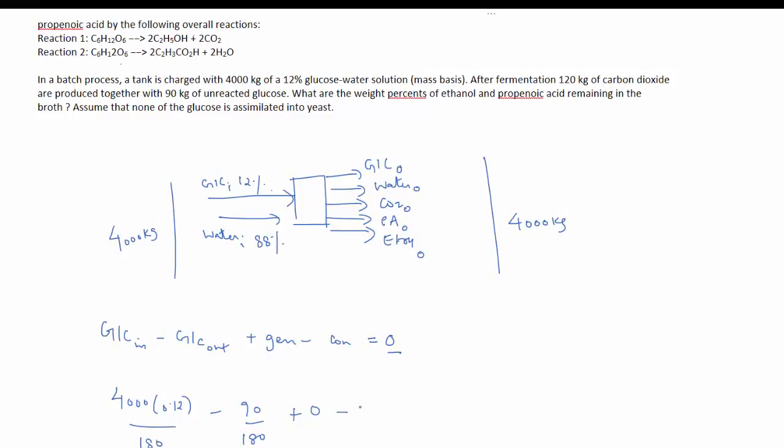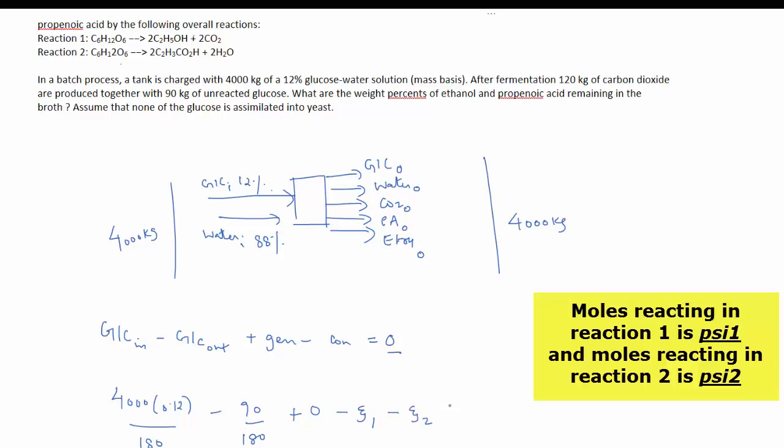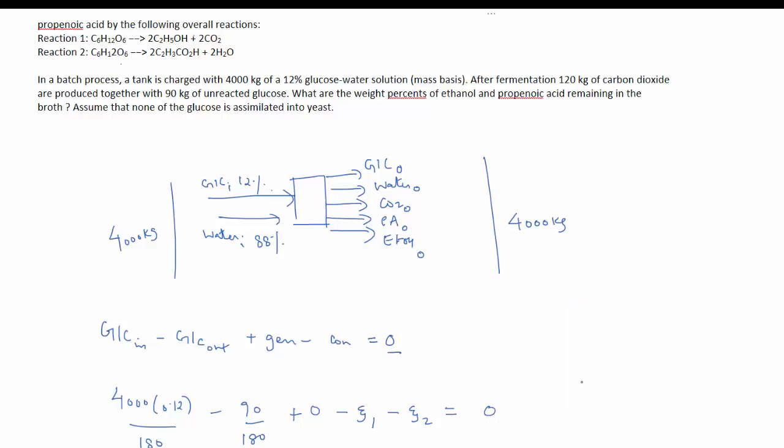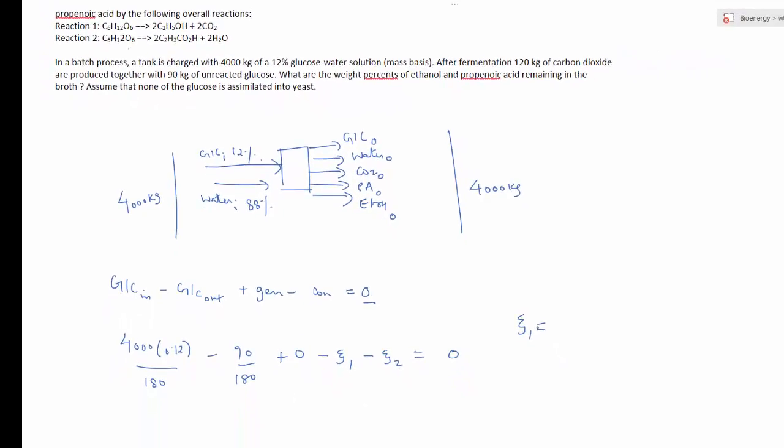So let's call that ξ1 moles got reacted through the first reaction and ξ2 got reacted through the second reaction. So when you add them up, it has to be equal to 0. So if you do the calculation, you'll see that ξ1 plus ξ2 is going to be 2.17. So that's the first equation you've got.